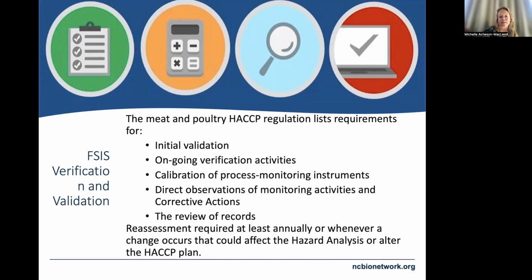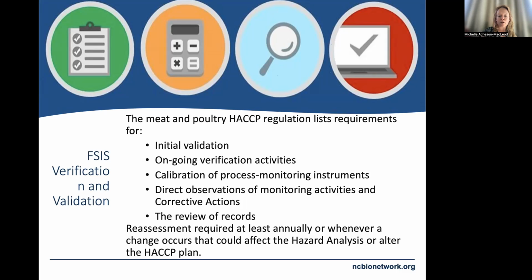Now, FSIS requires verification and validation. So when we have our initial setup of our plan or we're initially putting in a piece of equipment, we're going to have that beginning validation. Your verification activities like your record review and your testing, that's going to be happening on a regular basis.